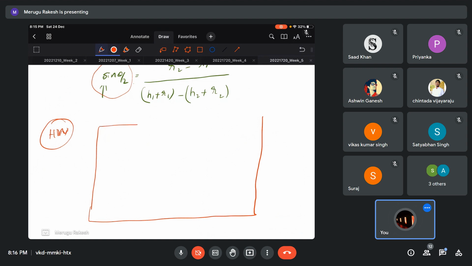So I have a keyway. So this is a keyway. Now I have this as D. So this is the roller.